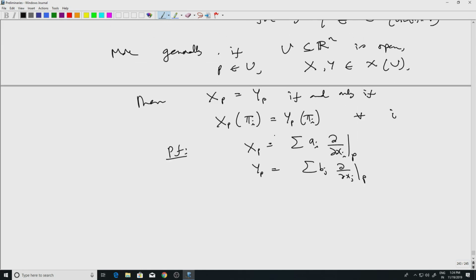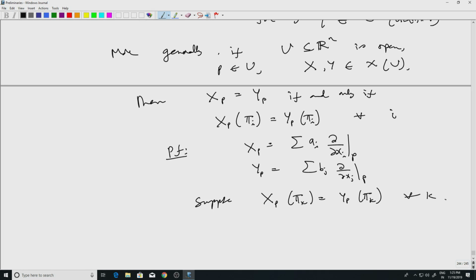Perhaps, okay, now I've already used the indices i and j for these things. So for the projection map I'll use pi k. So suppose Xp pi k equals Yp pi k for all k.